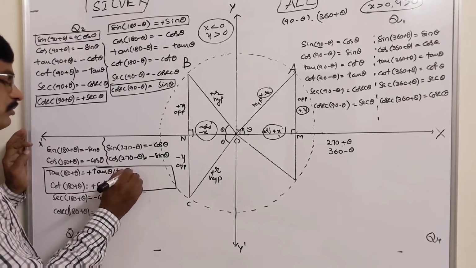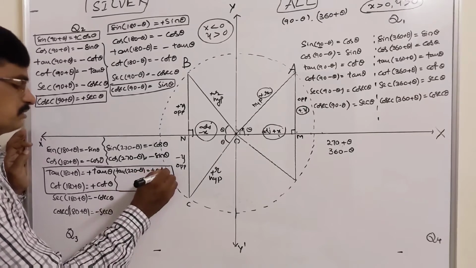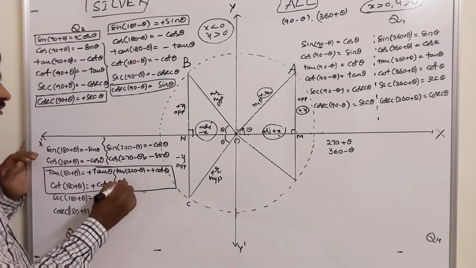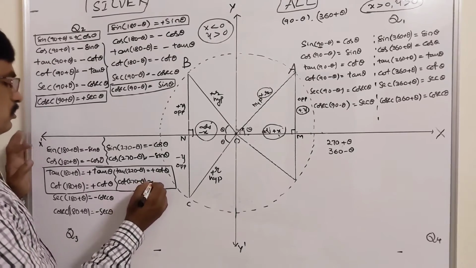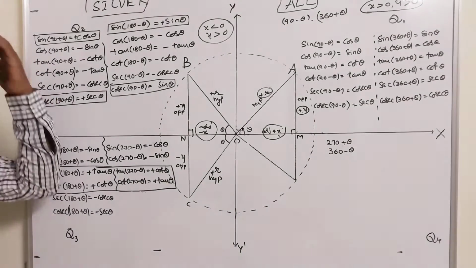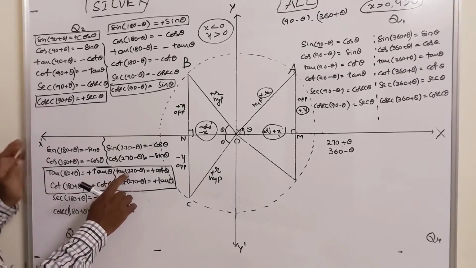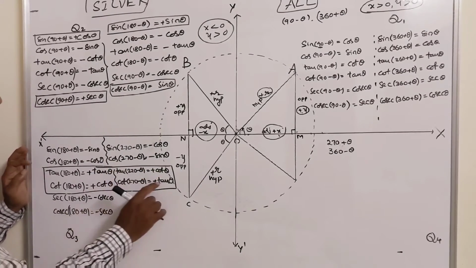Next here, tan of 270 minus theta is plus cot theta. Cot of 270 minus theta is equal to plus tan theta, because here 3 into 90 degrees is 270. An odd number of right angles are there, so tan becomes cot, cot becomes tan.